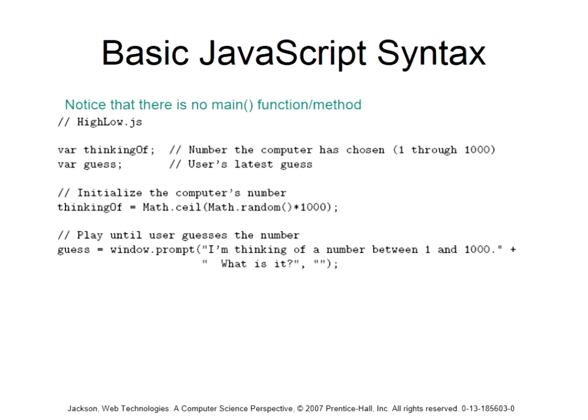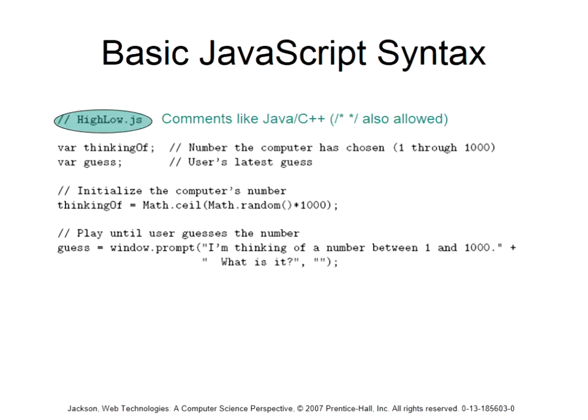For example, in the Java language we have a main function. We write public static void main String args. But in JavaScript, no main. Okay, it's clear. This is the first point.